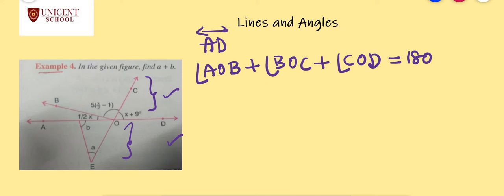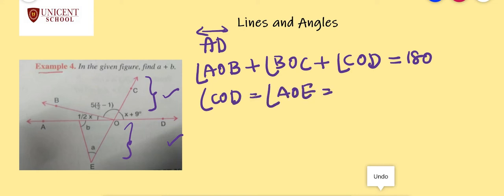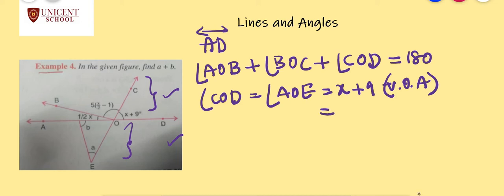So we'll write angle COD is equal to angle AOE, which is equal to x plus 9 based on vertically opposite angles. So we know that x value is 44, plus 9, which will give me 53 degrees. So this angle is 53.